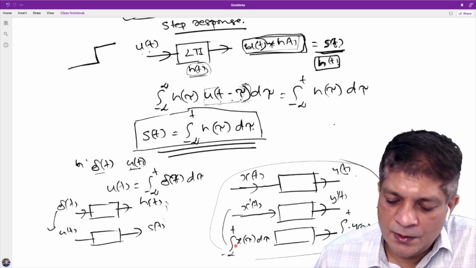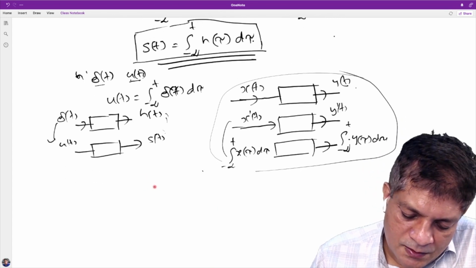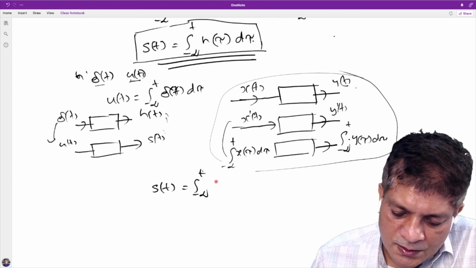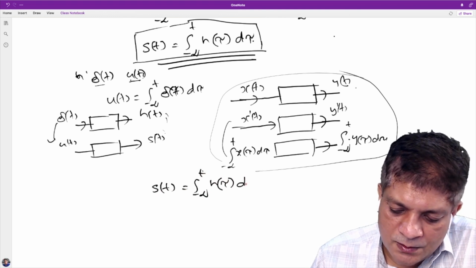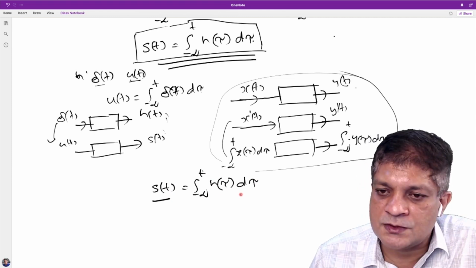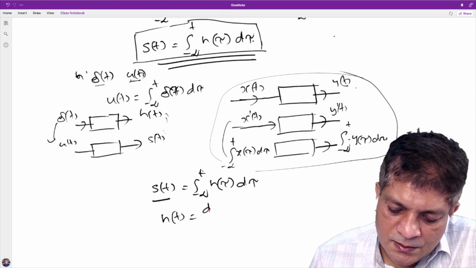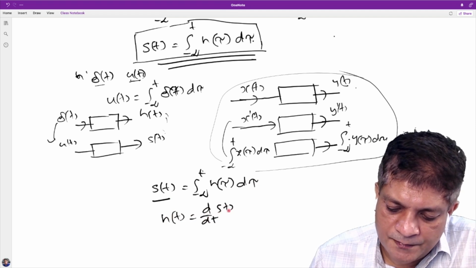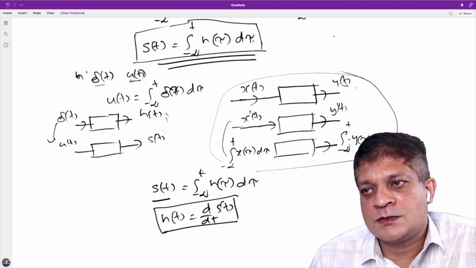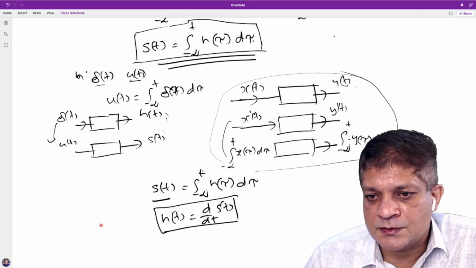So we can summarize: s(t) is the integral from minus infinity to t of h(tau) d tau. That is the integral of the impulse response of the system. And we can also write h(t) as the derivative of s(t). That is the relation between the step response and the impulse response of the system.